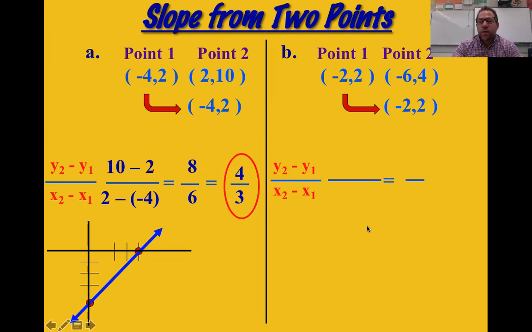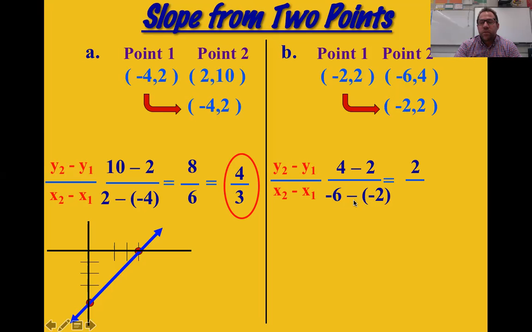And remember, we're subtracting. So we want to go 4 minus 2. And then we're going to do our x values, -6 minus -2. Don't forget that extra minus sign. You've got to make sure you know what we're doing here, and it's this, -6 minus -2.